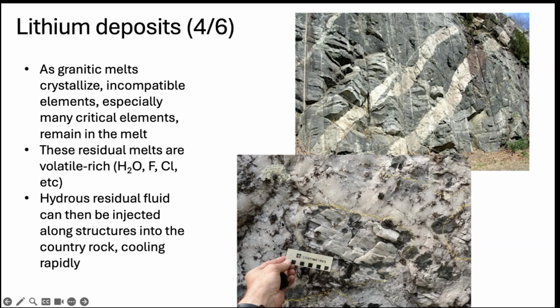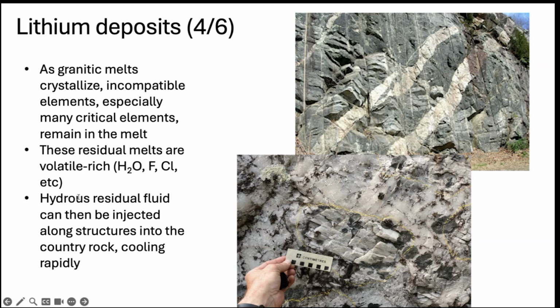So as granitic melts crystallize, we get the incompatible elements. That is, the things that don't want to go into the crystals. They want to stay in the melt. And that includes many of the critical elements that we've been talking about in this course. Those melts become rich in fluids like water, fluorine, chlorine, and so forth.